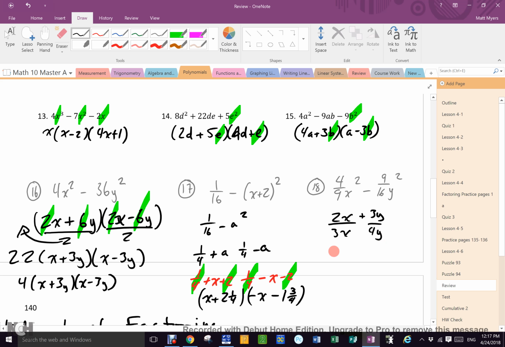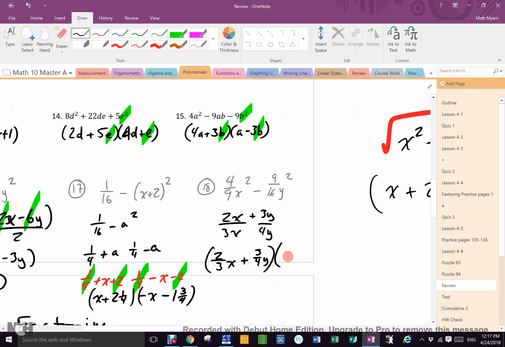Okay, so that must mean it's 2/3 x plus 3/4 y, and then what? Same thing, except it's minus. And now it's done.